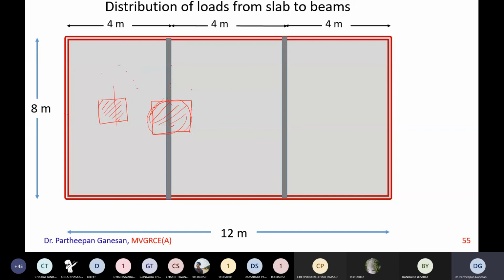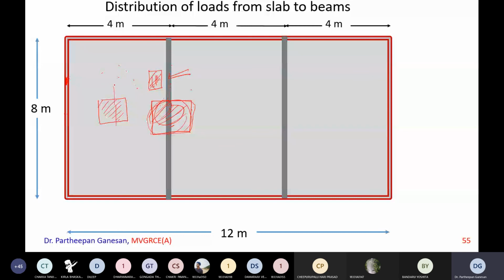But for example, let us say you have a huge motor and you want to fix it somewhere permanently. If you fix it on top of the beam, obviously only this beam will take care of all the load. But if it is fixed close to this beam, then more load will be here, less load on the other beam.